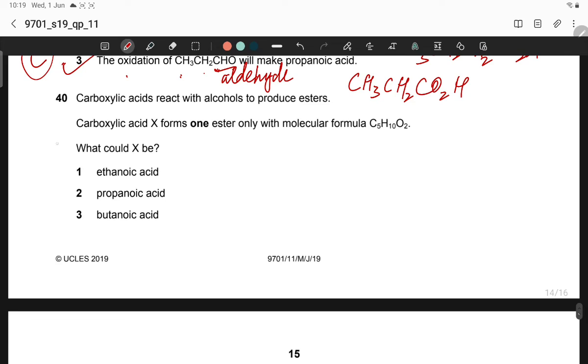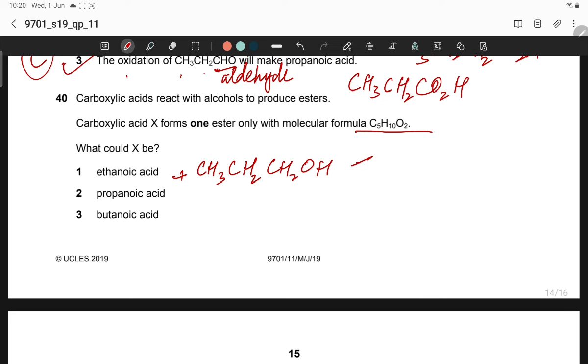Question number 40. Carboxylic acid reacts with alcohols to produce esters. Carboxylic acid X forms one ester only with molecular formula C5H10O2. What could be the X? Ethanoic acid reacting with propanol, CH3CH2CH2OH.